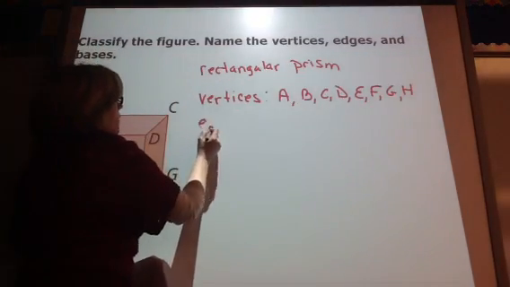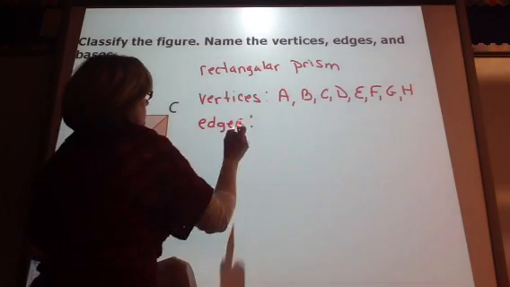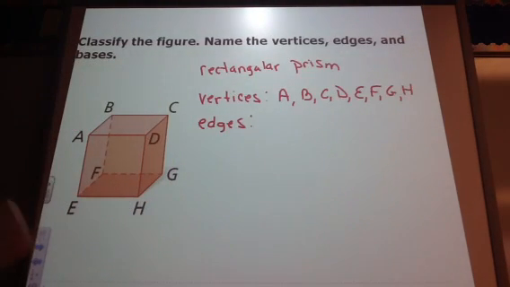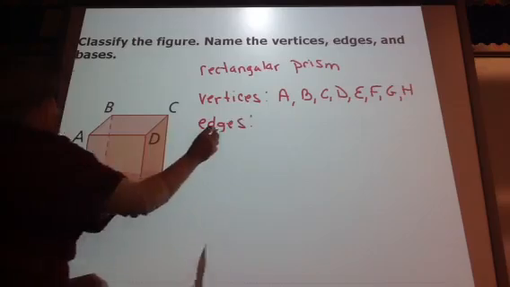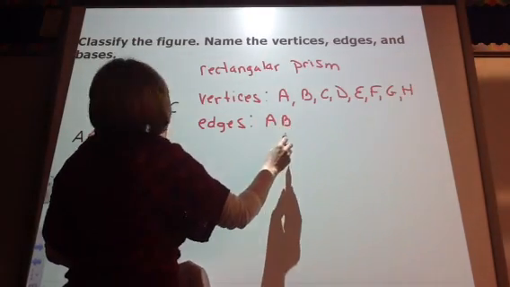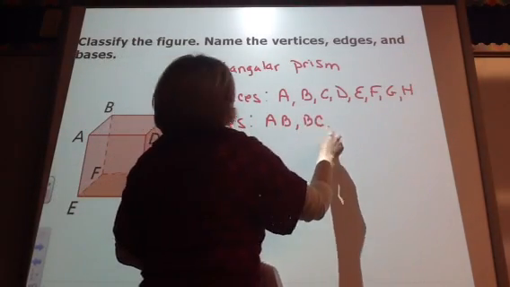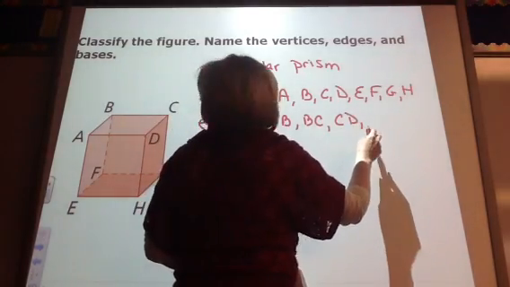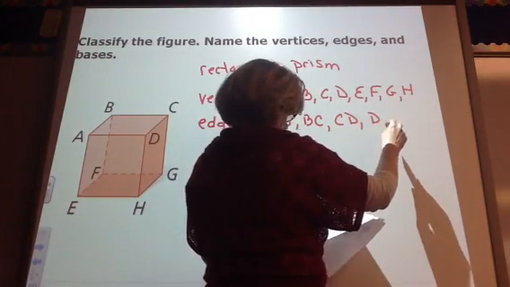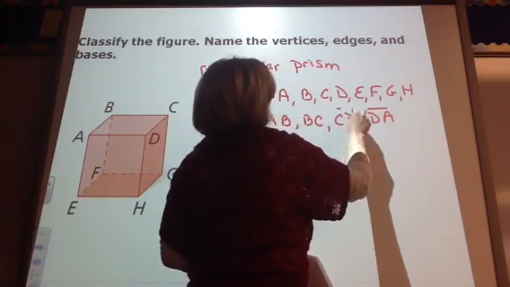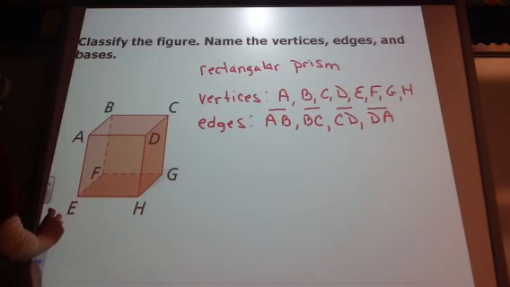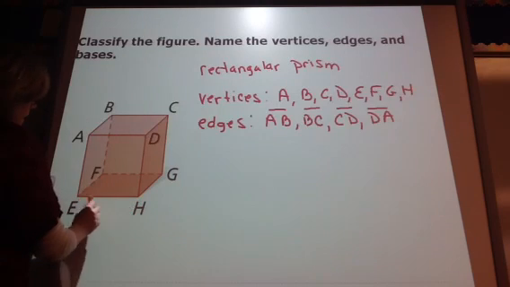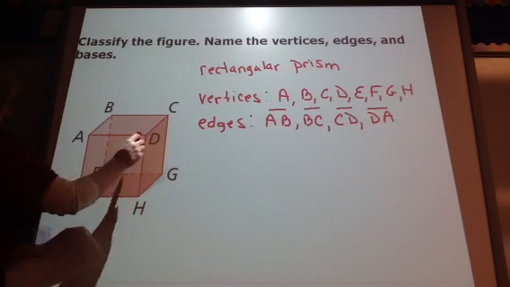Then we need to identify our edges. And our edges are segments where two faces intersect. So we have AB, BC, CD, DA. Okay, we also have AE, EH, HD.